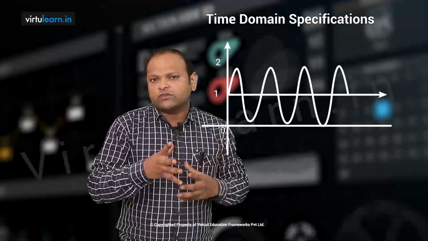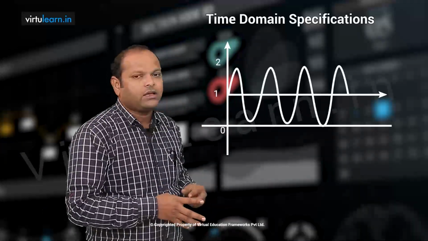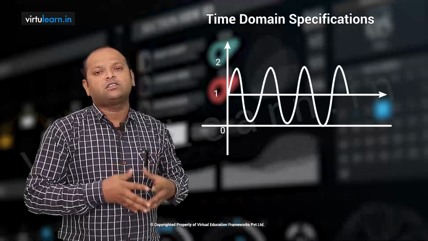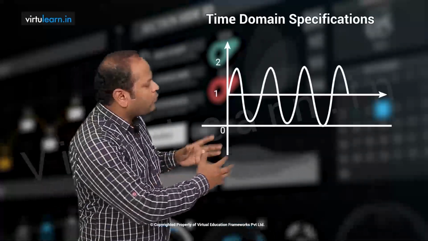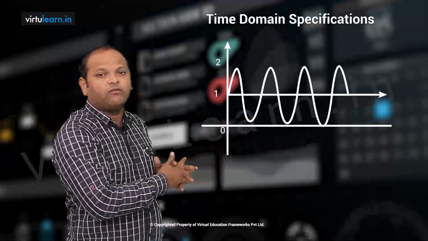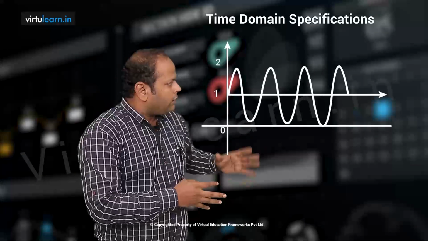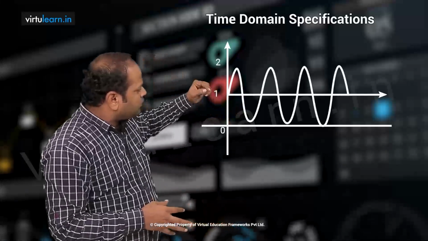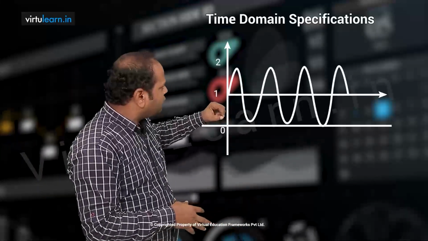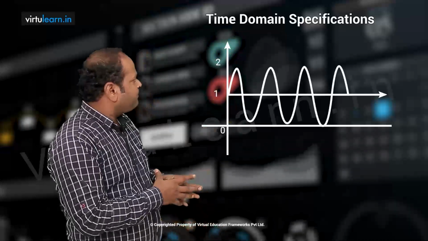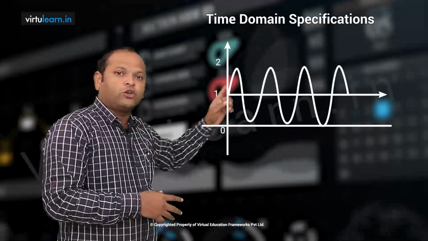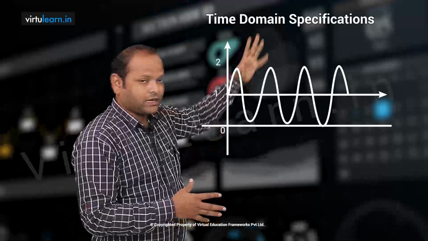Most of the specifications we define here are transient specifications, because I am going to look at only the transient part of this response. Your response is starting from 0 and it is going to 1. So when the response is going to 1, it is rising, right?